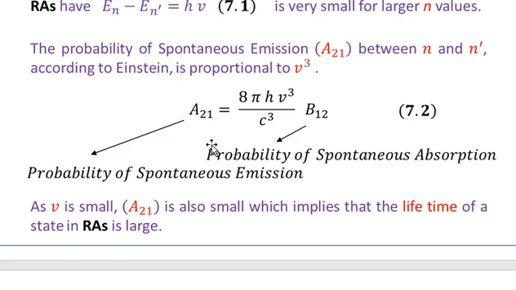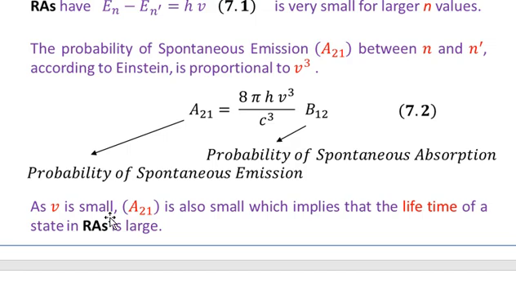And B12, where we are going from level number 1 to level number 2, is the probability of absorption. So the probability of spontaneous emission is related to the probability of absorption through a term which is given as 8 pi h nu cube over c cube.